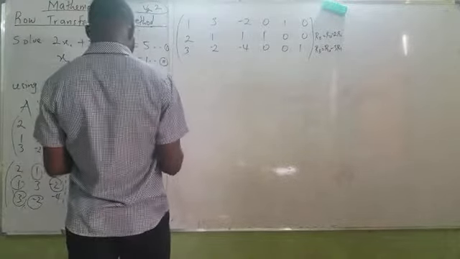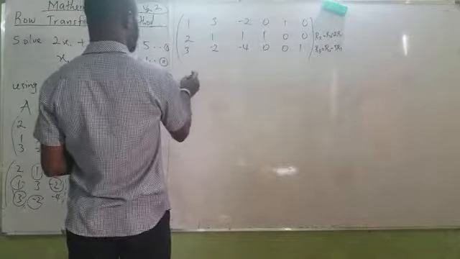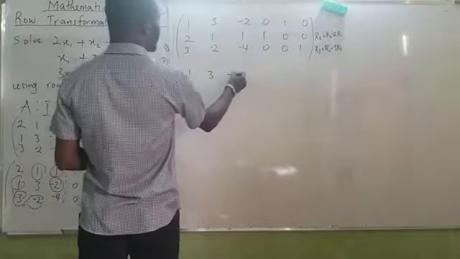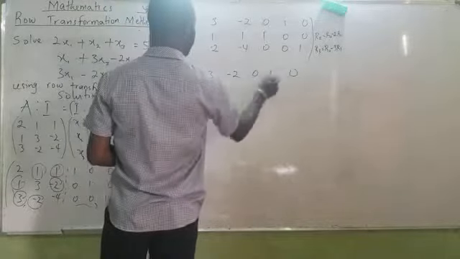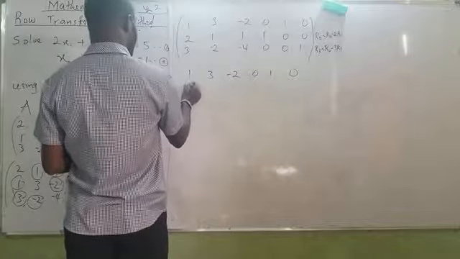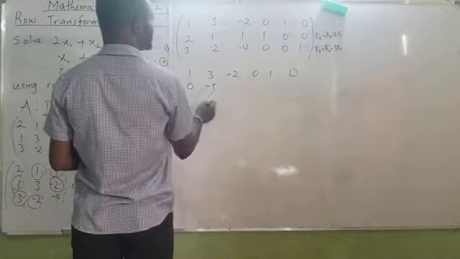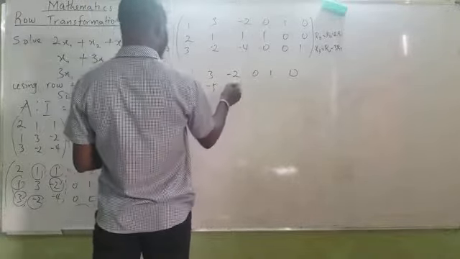Now, with what I've written, I have 1, 3, minus 2, 0, 1, 0. This will be equal to 0 and minus 5, and I have minus 3.